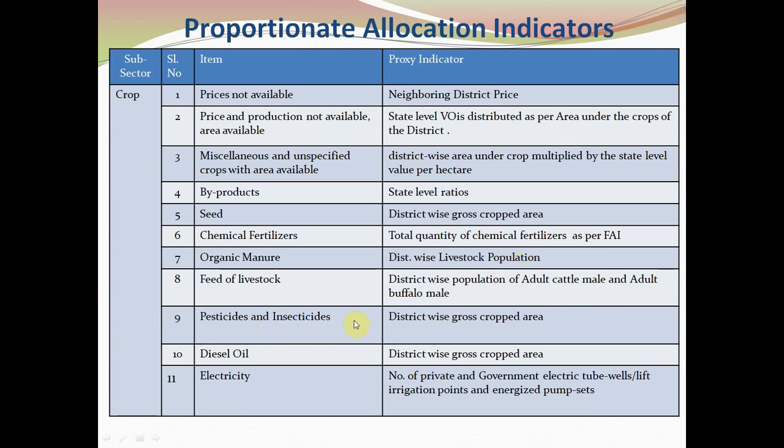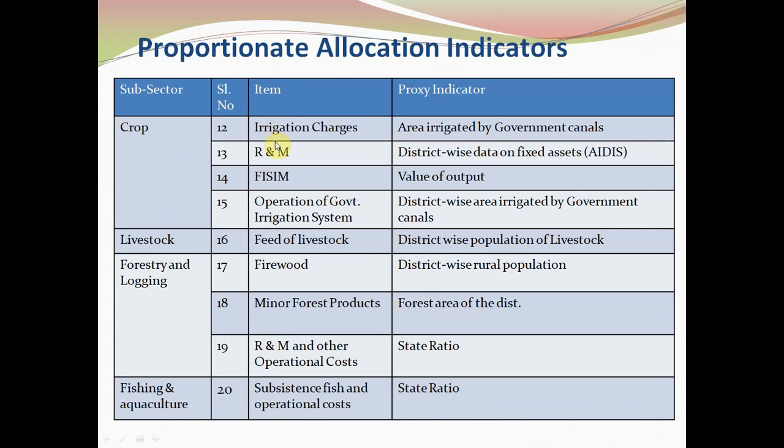For pesticides and insecticides, district wise gross cropped area is taken. In case of diesel oil, district wise gross cropped area is taken as proxy indicator. In case of electricity, number of private and government electric tube wells, lift irrigation points and energized sets can be used as proxy indicator. In case of irrigation charges, area irrigated by government canals can be used.